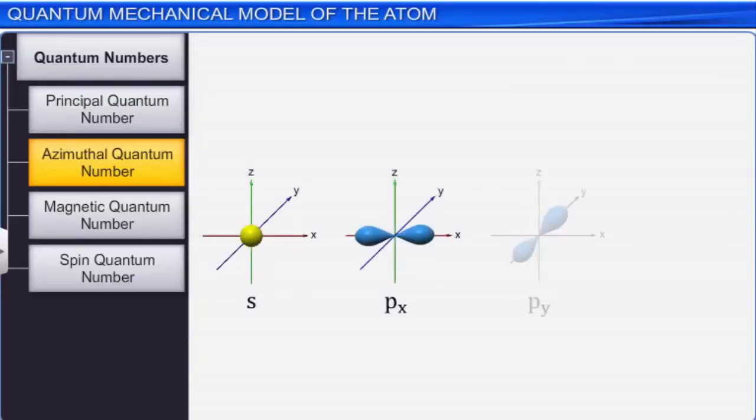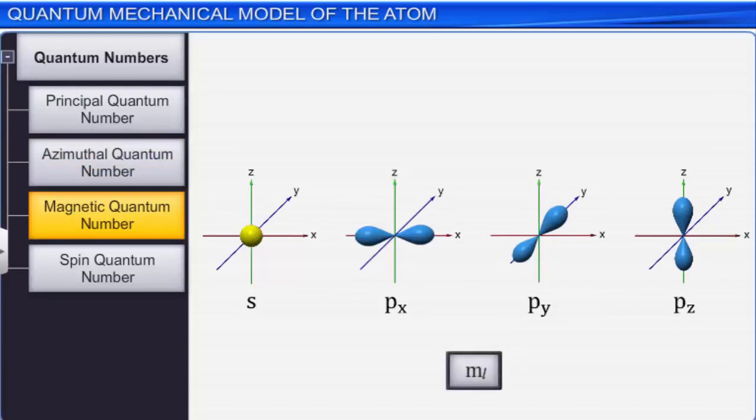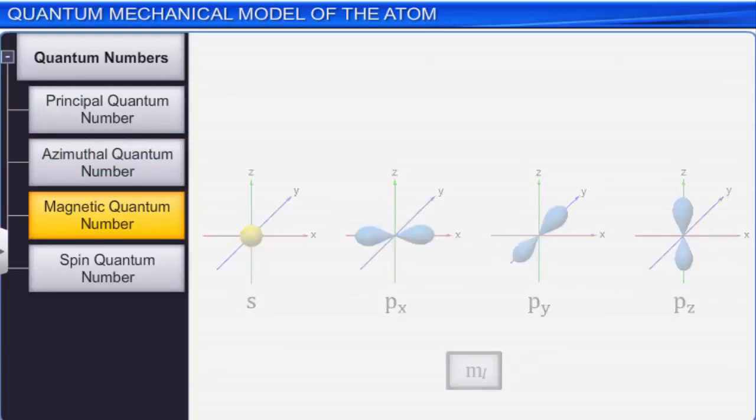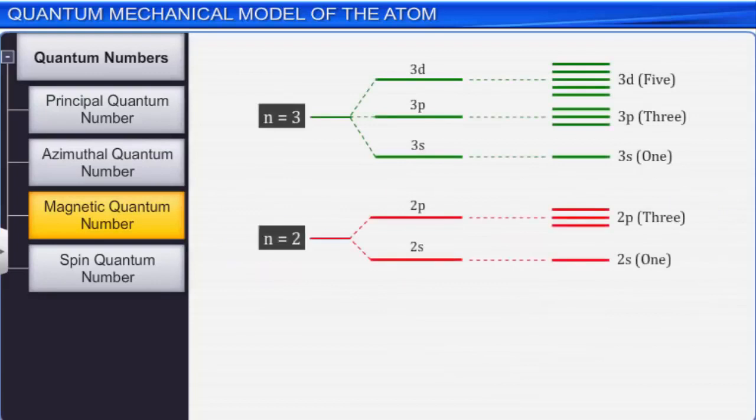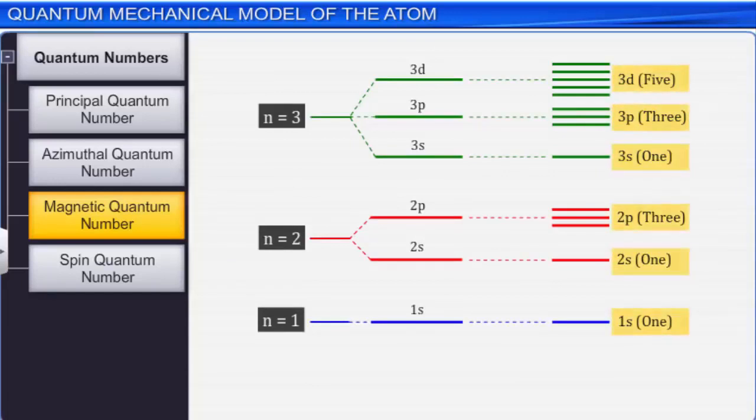The number of preferred orientations of electrons belonging to a subshell is given by another quantum number called the magnetic orbital quantum number ML. Each orientation corresponds to an orbital. Therefore, magnetic quantum number helps to determine the number of orbitals within each subshell.